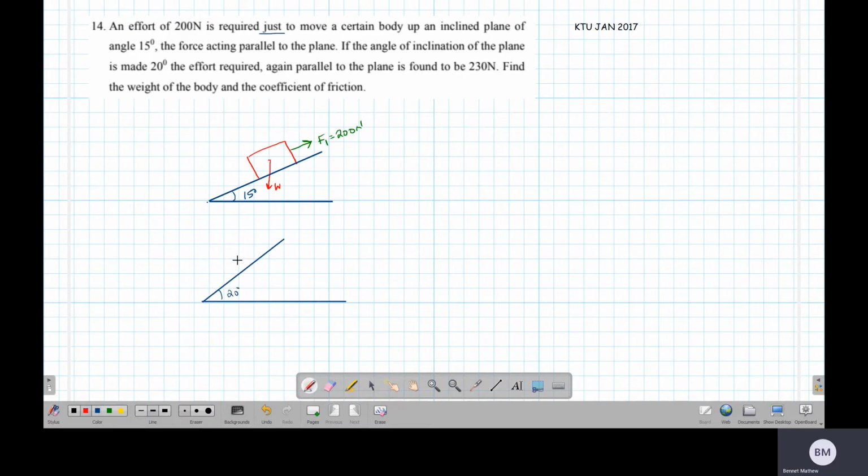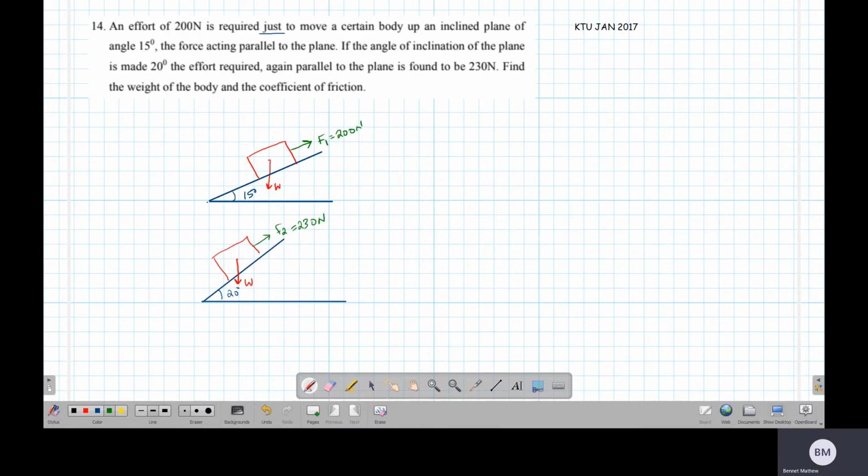You have the same box with the same weight downward. Now it requires 230 Newton. The force required is F2 equal to 230 Newton.